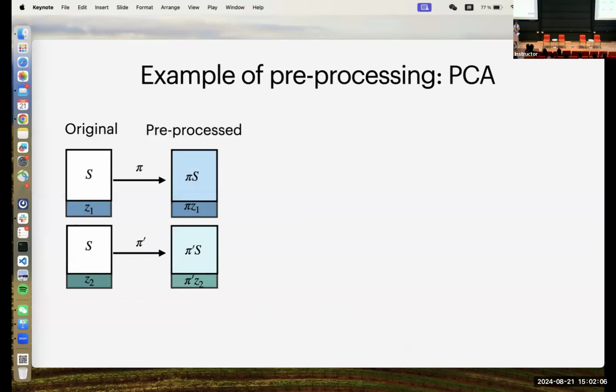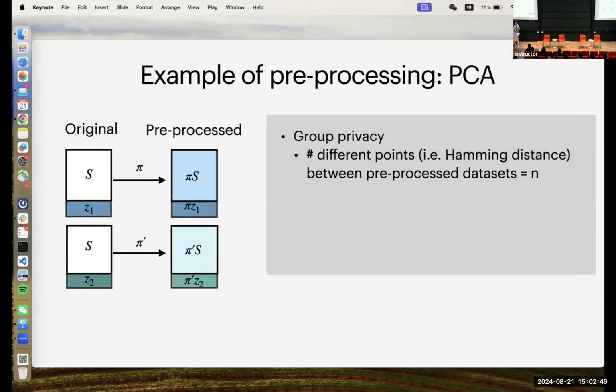As an example, I will talk about PCA. Here we consider a non-private preprocessing step, PCA, and after that we do some sort of private training. It can be any other private mechanism. We have two neighboring datasets, and on top of them we compute their corresponding projection matrices. Then we multiply the projection matrix with the original dataset to get two preprocessed datasets.